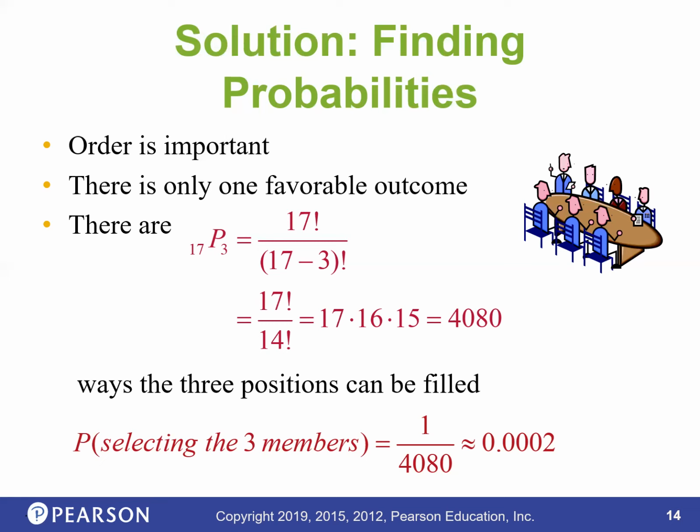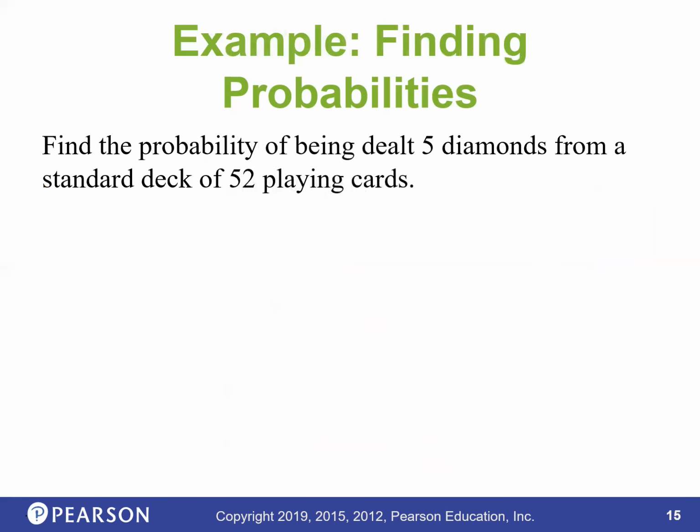Okay, let's go a little more. Got two or three problems. Let's see. Find the probability, remember, of being dealt 5 diamonds from a standard deck of 52 playing cards.